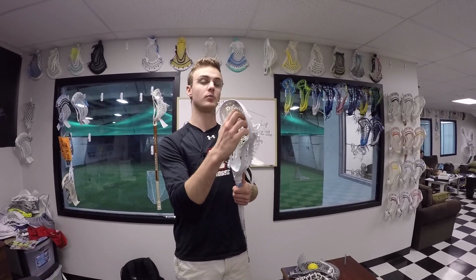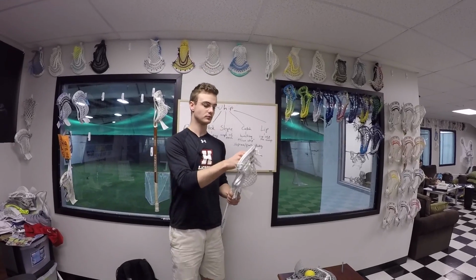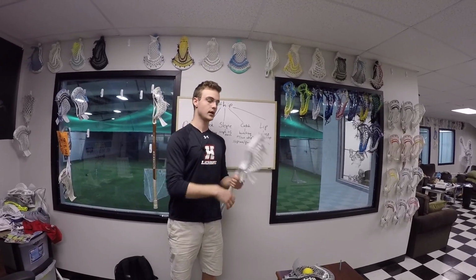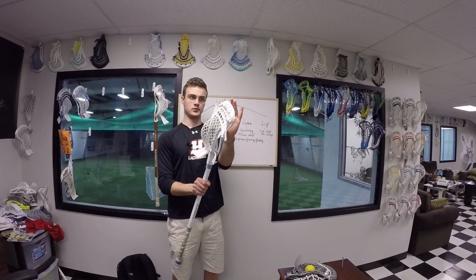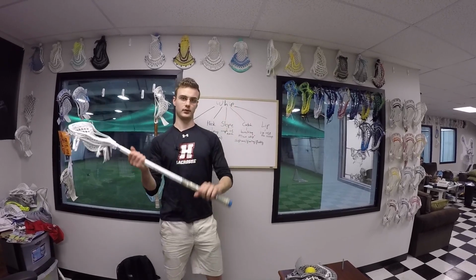But back in the day, with some of the factory strung sticks with soft mesh, you could have these sticks that would have so much lip and almost have a catch point at the top of the stick. It would hold in that little lip of the stick and throw right into the ground.